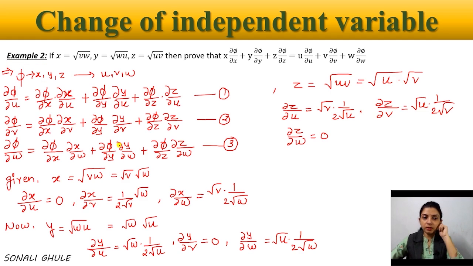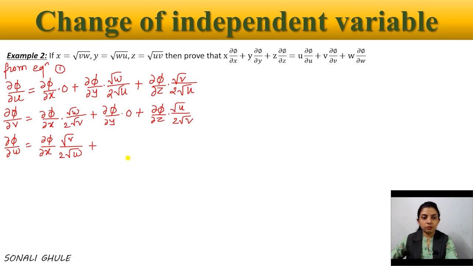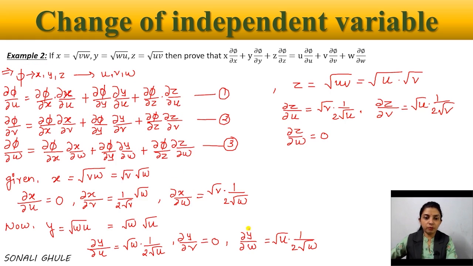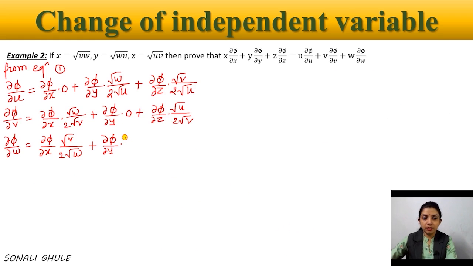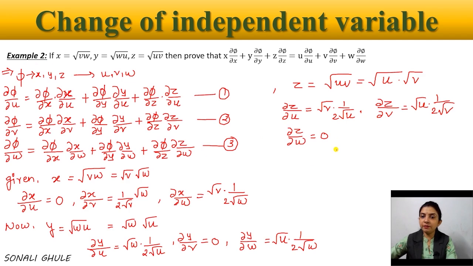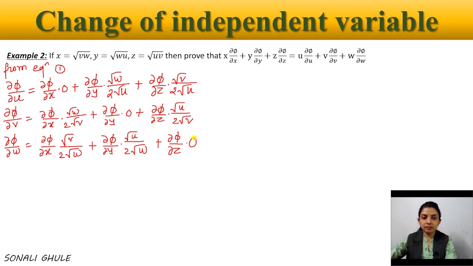Next one is phi with respect to y, y with respect to w. So here I can write phi with respect to y and y with respect to w. What is y with respect to w? This one. So I can write here root u upon 2 root w plus, definitely the last one is phi with respect to z. And what is z with respect to w? It is 0. So I can write here it is 0. Okay.